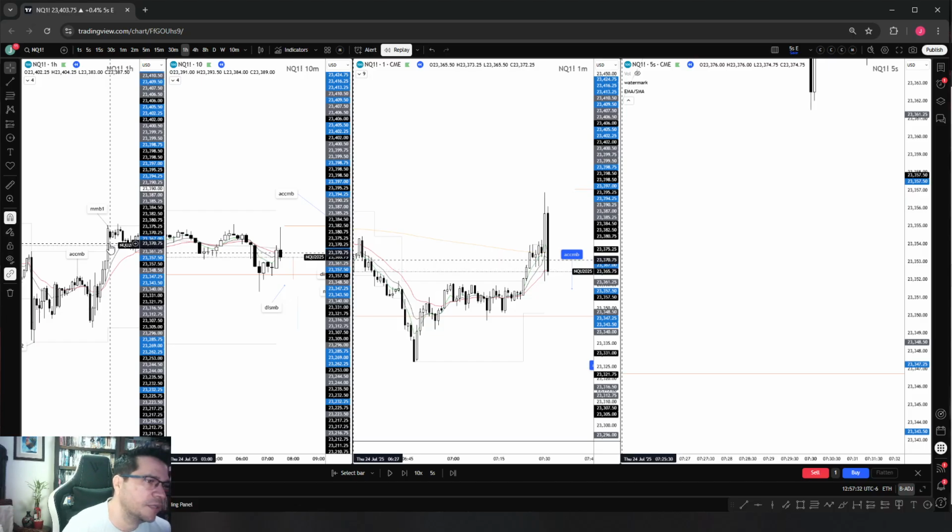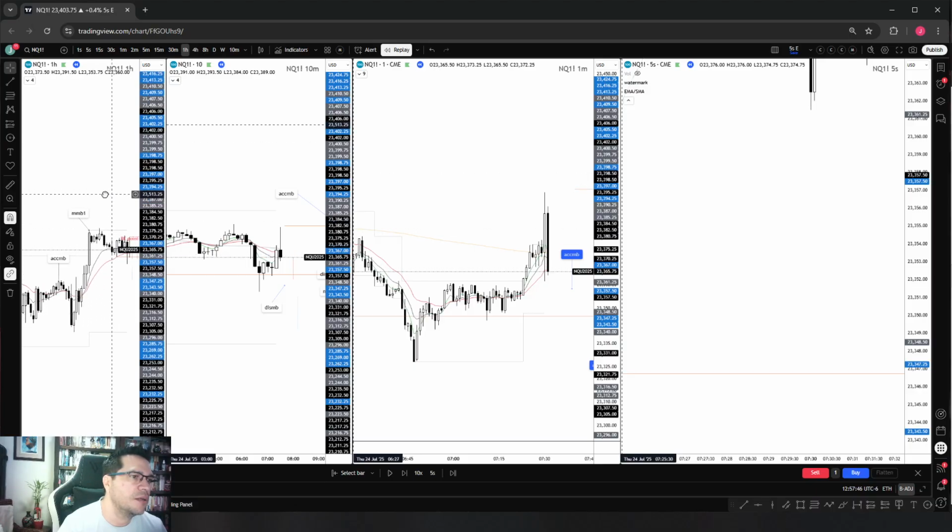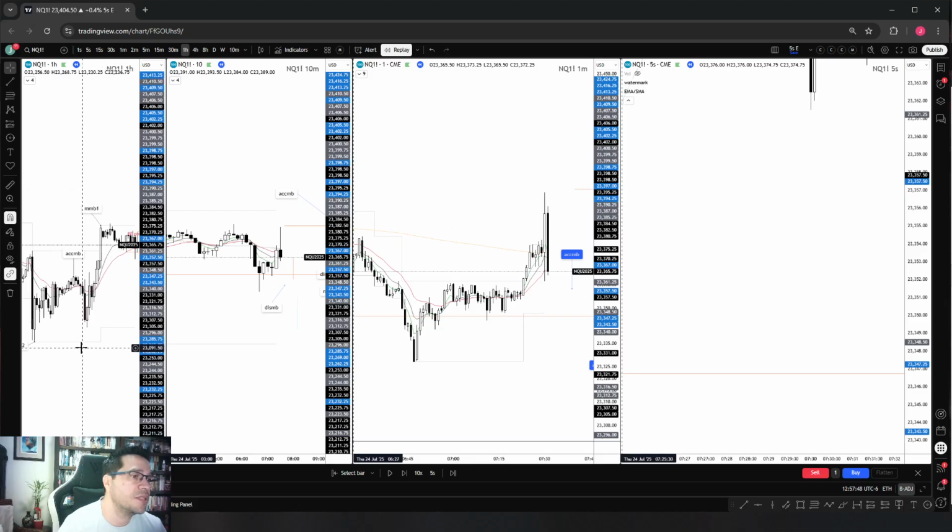Yesterday and tonight, yesterday's night, we had this bullish move. Then we actually started building a cycle on the 1 hour time frame, which is our C2.